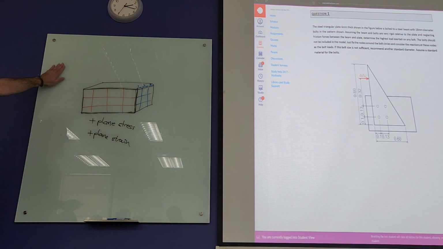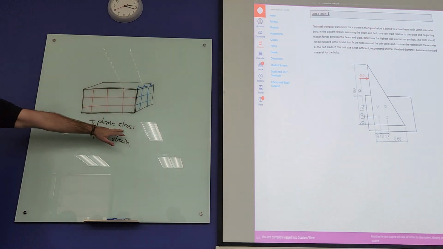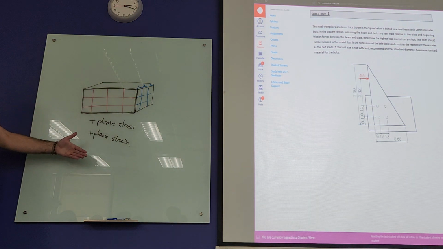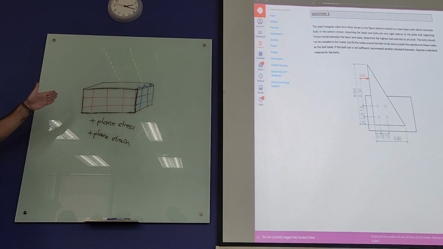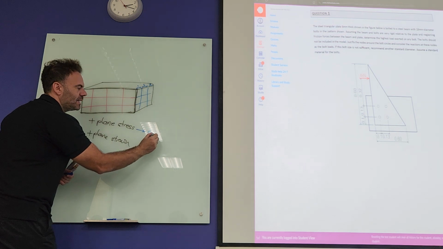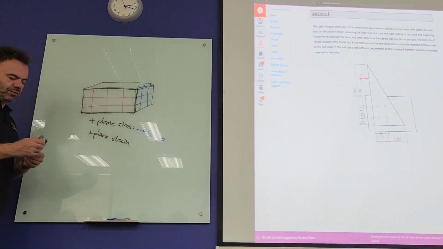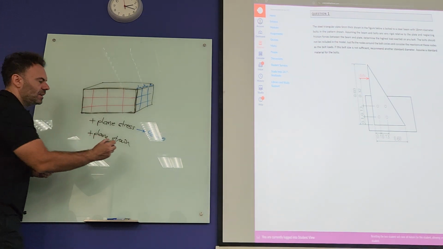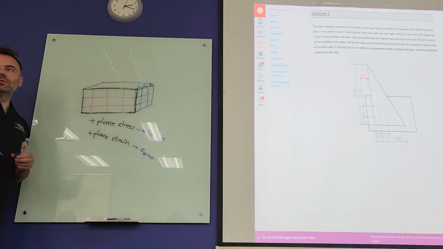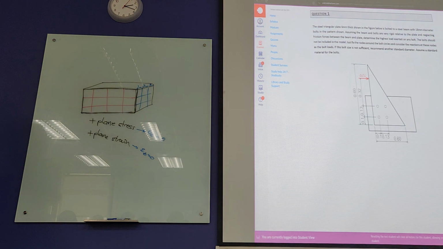Well, plane is plane. It means that all those stress or strain live in a single plane. There's nothing happening in the third direction. So plane stress means that stress in z direction is equal to 0, and plane strain means that strain in z direction is equal to 0. That is the assumption, and that is the model.